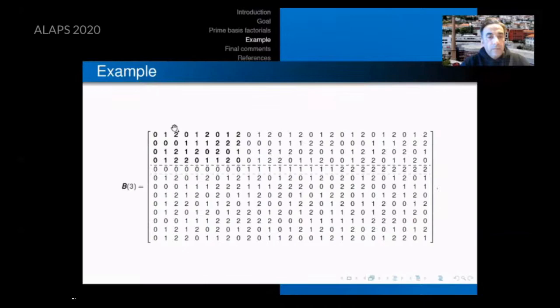Then here we look for 1, and here we look for 2. So where's the 0? It's in this position. The 1 is in the second position. The 2 is in the third position. So here we have 1, 0, 0, 0, 1, 0, 0, 0, 1, and so on.